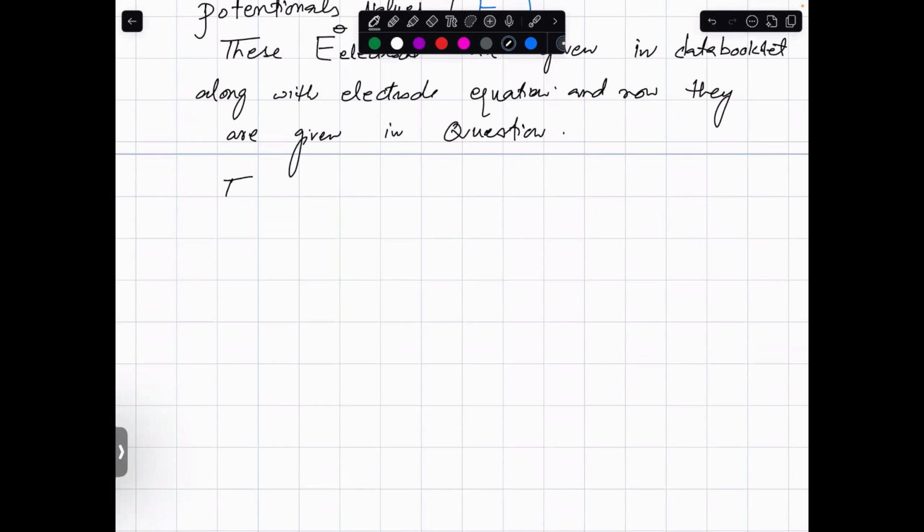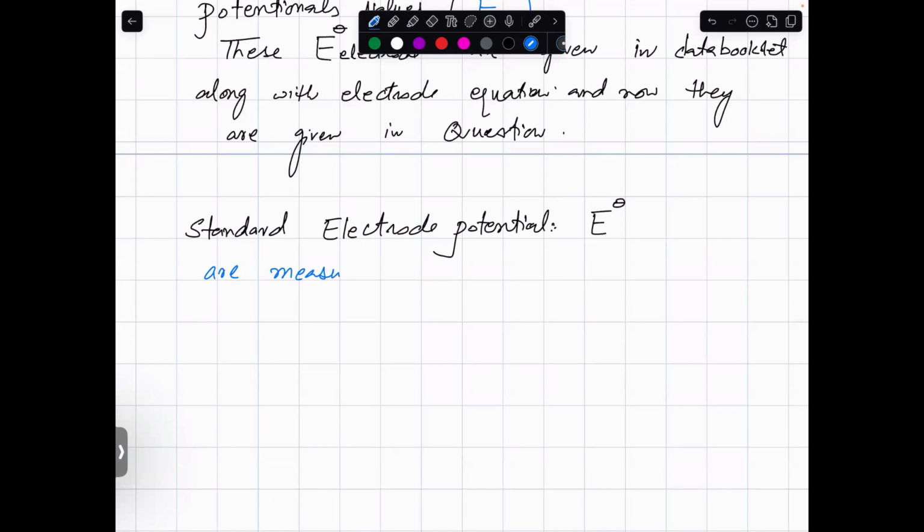If I define them, standard electrode potentials are measured relative to standard hydrogen electrode under standard conditions.